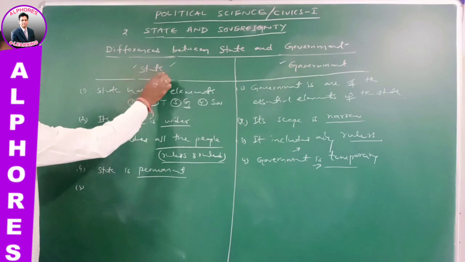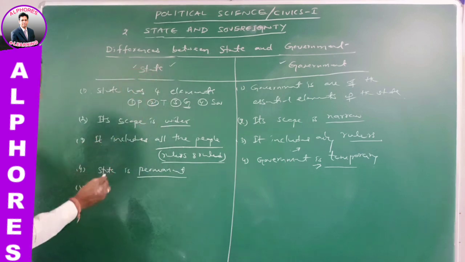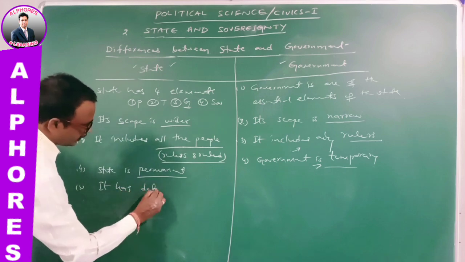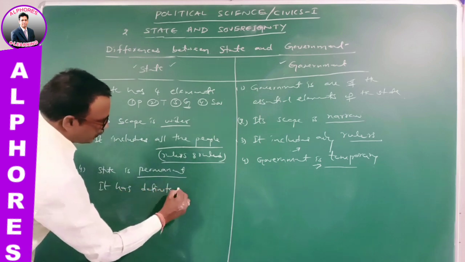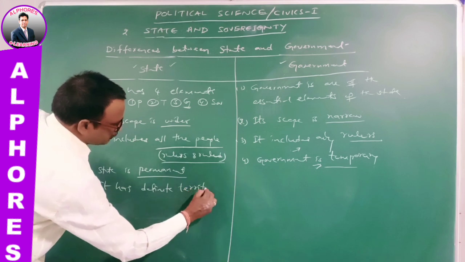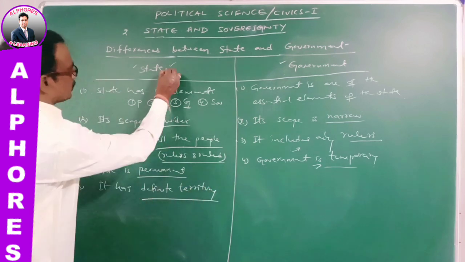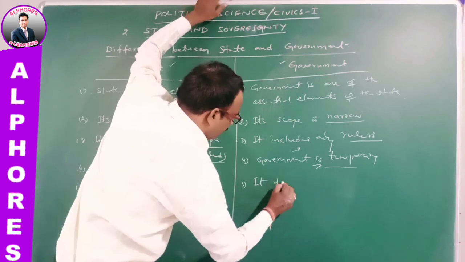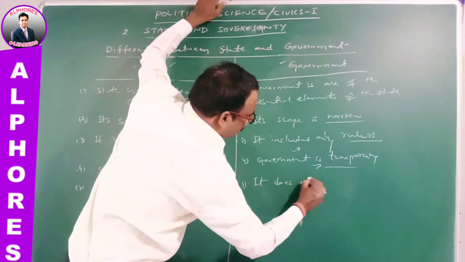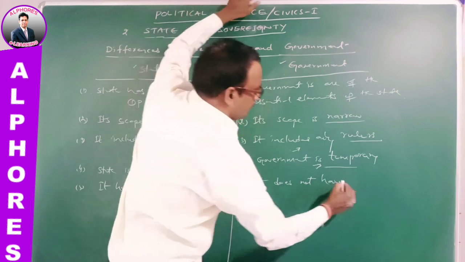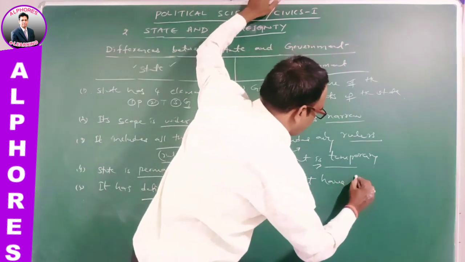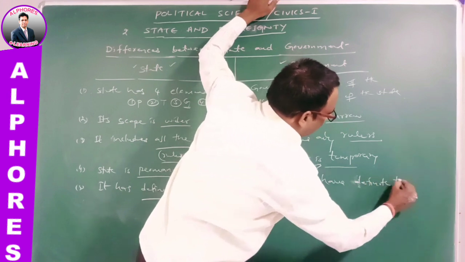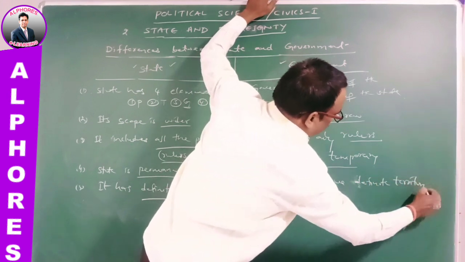Next, state has fixed territorial boundaries, means it has definite territory. Without territory there is no state. Whereas government does not have fixed or definite territory.